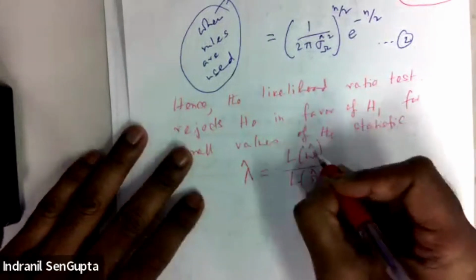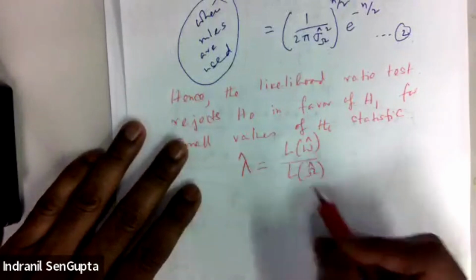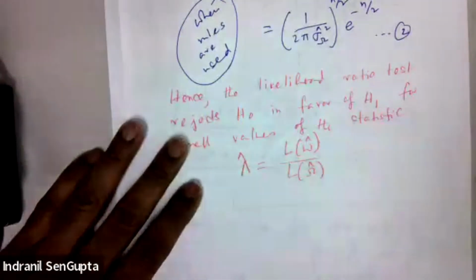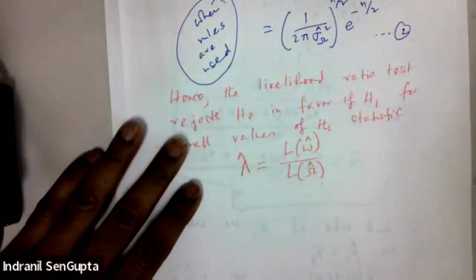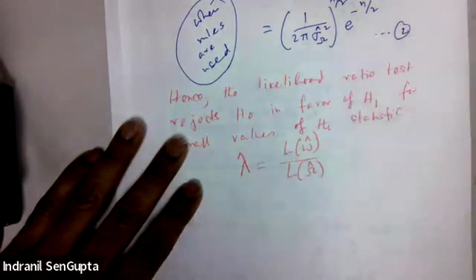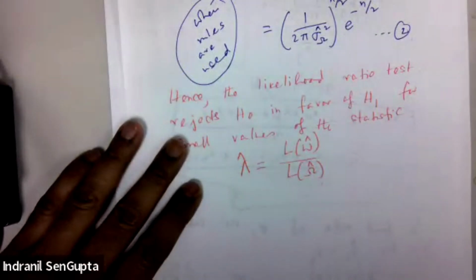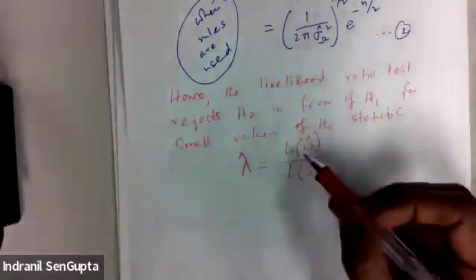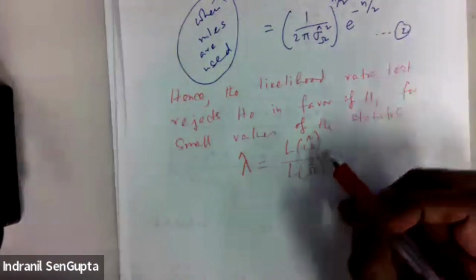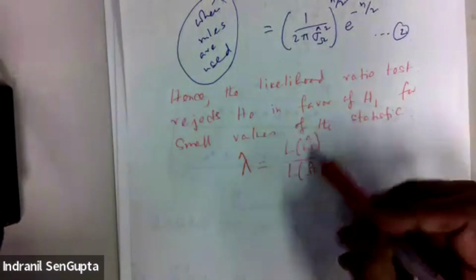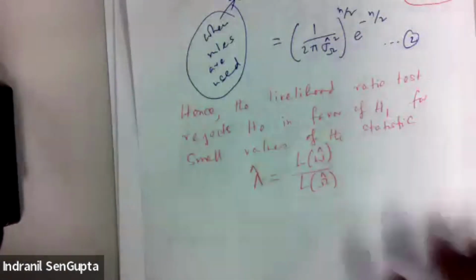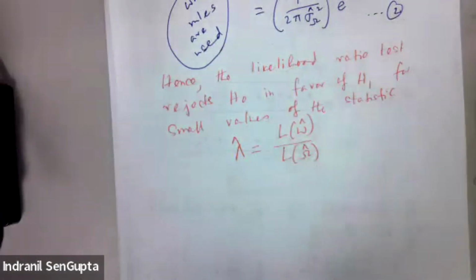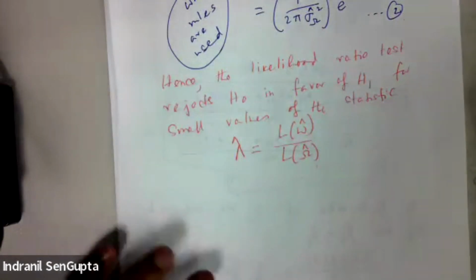Remember, this is for the null hypothesis, and this is for the general case. If this is a very small value, it means more than likely that the likelihood for the case when the means are the same is not true.